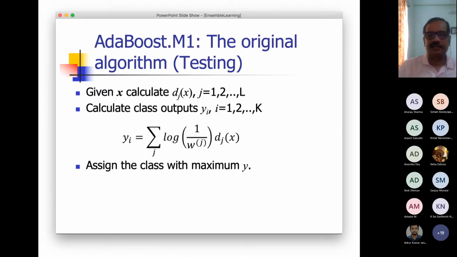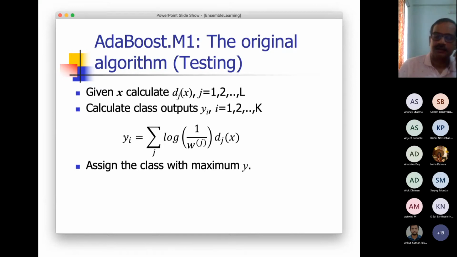For each class, you get a value: dji(x) is the value for the ith class for the sample, so I have to use the subscript i to denote that it's the decision for the ith class. Each learner produces that.